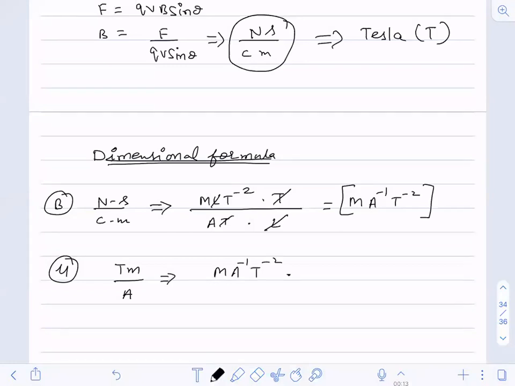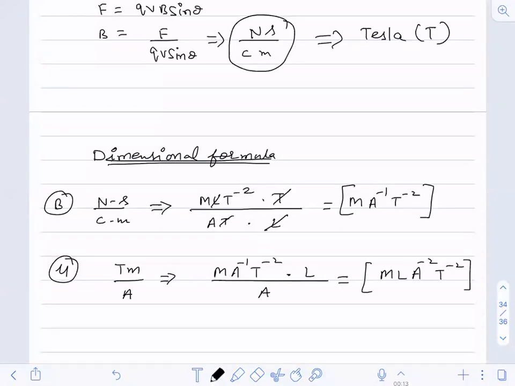For meter, we will write L, and for ampere, we will write A. So it will become M L A to the power minus 2 T to the power minus 2. This is the dimensional formula for mu. Is it okay?